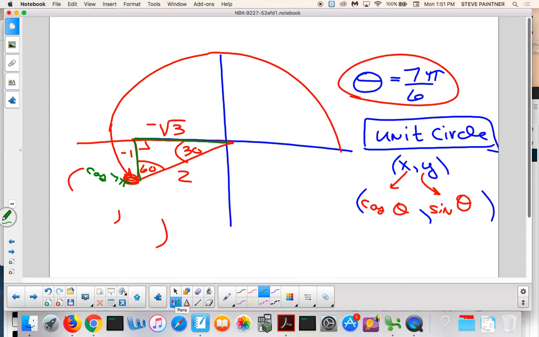Cosine of 7 pi over 6, sine of 7 pi over 6. What is cosine? This or that? Yeah? What is sine of 7 pi over 6? Yeah, -1/2. That's how it is. There's no reason to get these wrong.